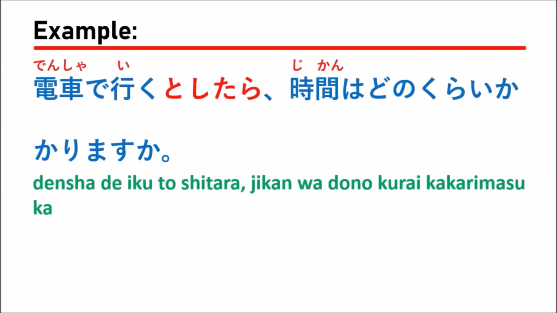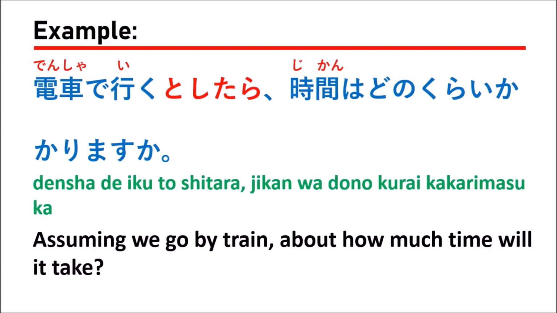Next example. 電車で行くとしたら時間はどのくらいかかりますか？Which means that assuming we go by train, about how much time will it take. In this sentence, we see that they also use the verb with the grammar toshitara.